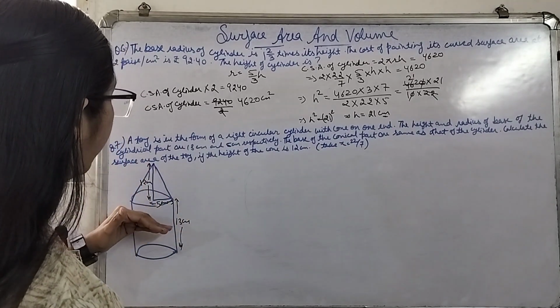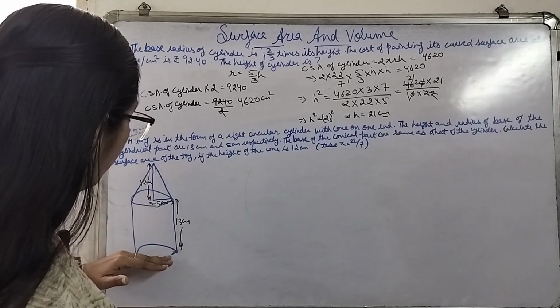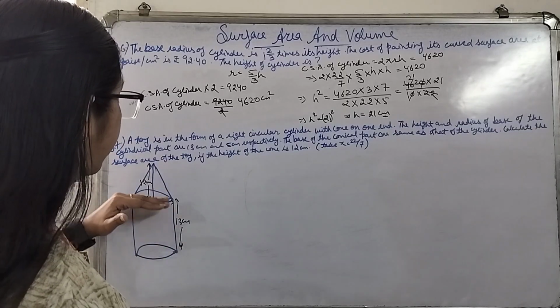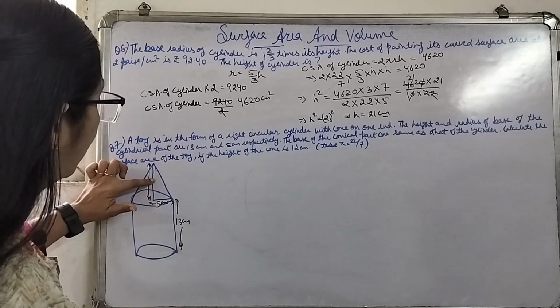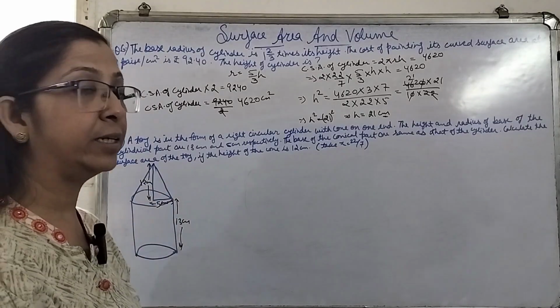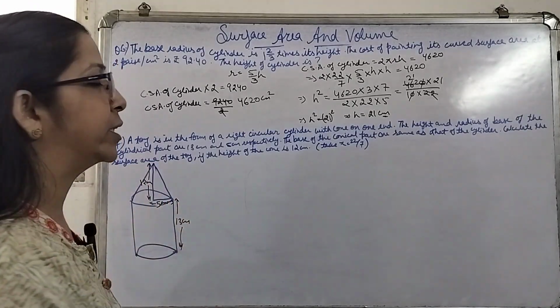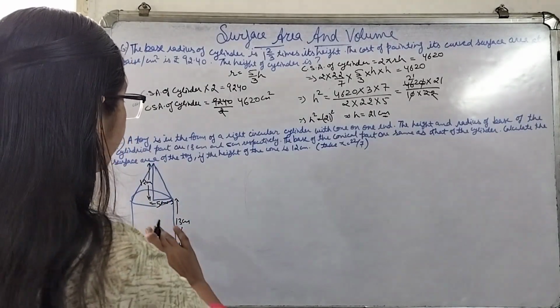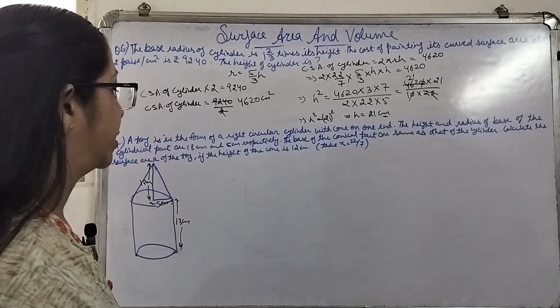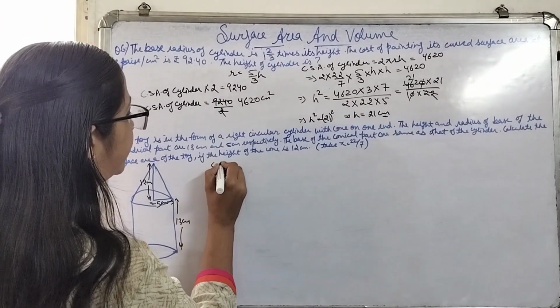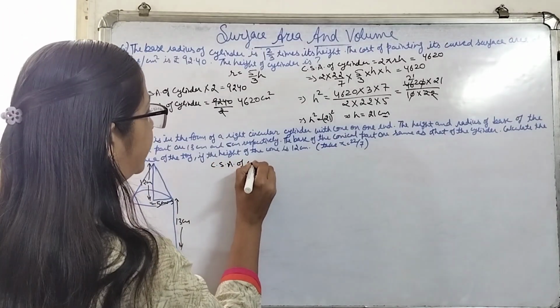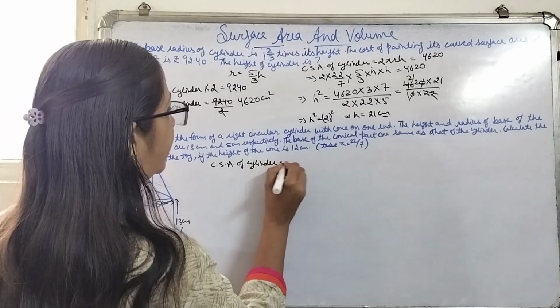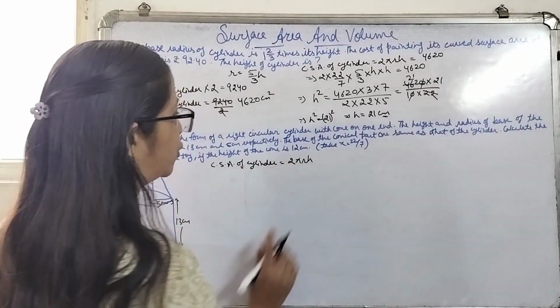The topmost and bottommost part of the cylinder are hidden, and for the cone the bottommost part is hidden. That simply means we require only the curved surface area of the cylinder and the curved surface area of the cone. Now we know that the curved surface area of a cylinder is given by 2 pi RH.